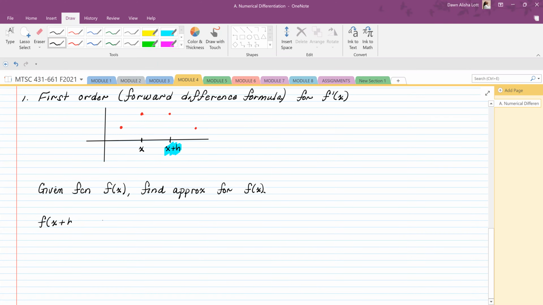So now I get f prime of x times 2h is equal to minus f at x plus 2h plus 4 f at x plus h minus 3 f at x.